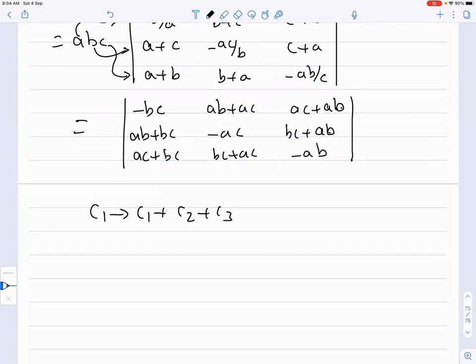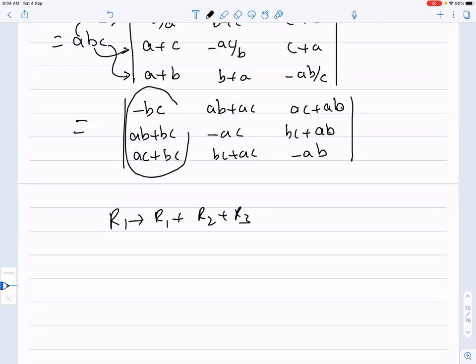If I do that, what will happen? Sorry, R1 goes to R1 plus R2 plus R3. Addition of this is going to give you AB plus BC plus CA. Check it. Even AB plus BC plus CA. Correct, students?